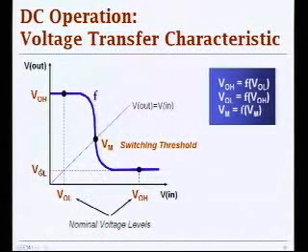We introduced nominal voltage level for logic 0, VOL, and nominal voltage level for logic 1 at the output, VOH. And the way we define these terms is that when you apply VOL at the input of a gate, you get VOH. When you apply nominal logic 1, you get nominal logic 0.